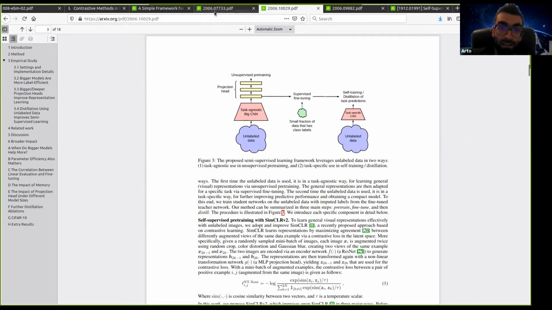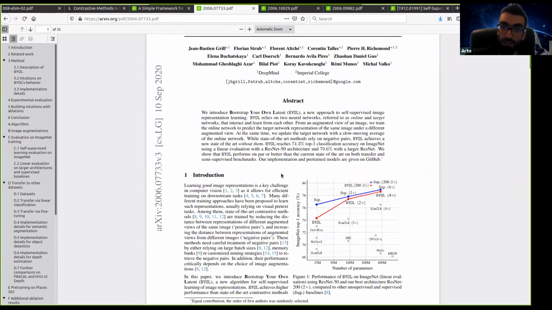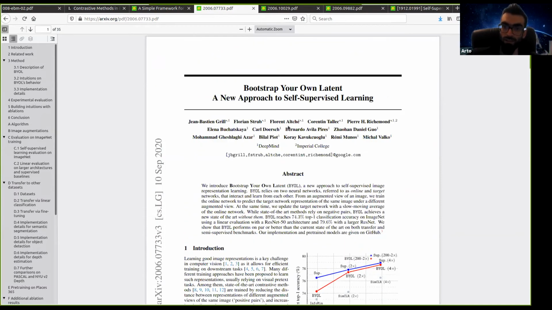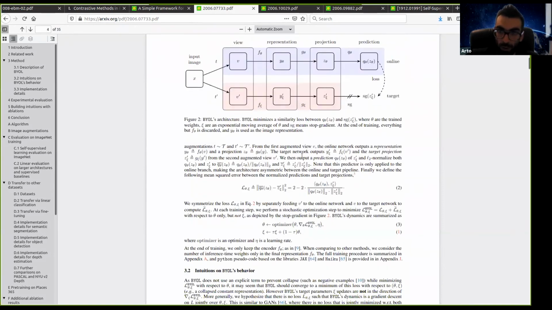Okay, and another recent advance in self-supervised learning is from this Bootstrap Your Own Latent paper from DeepMind. And what they did, let me show you their training approach.